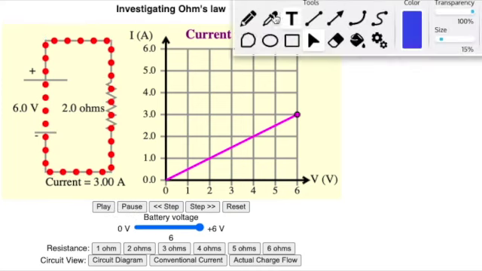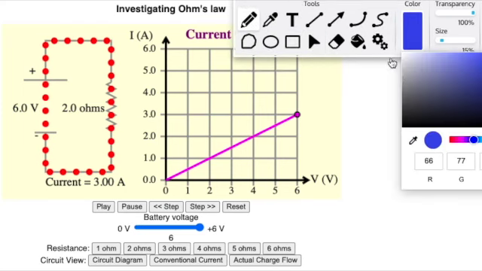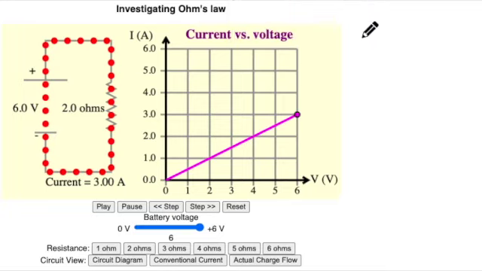According to Ohm's law, V, the potential, is directly proportional to the current, which means if you increase the potential, the current increases linearly.